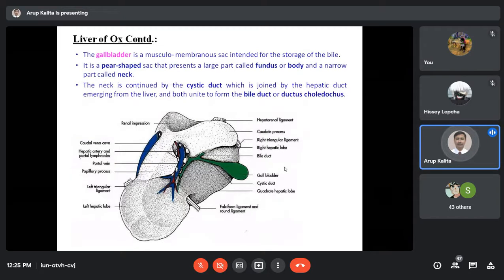Those who are suffering from jaundice, the bile will not come to the duodenum. That is why the feces will not be yellow in color. So if the feces are not yellow, that is one of the symptoms of jaundice. Clear?